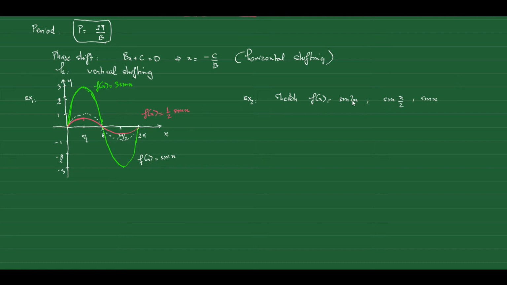So the difference between these is that you see the b value is different. For this one, it's kind of the same because it's the parent one.